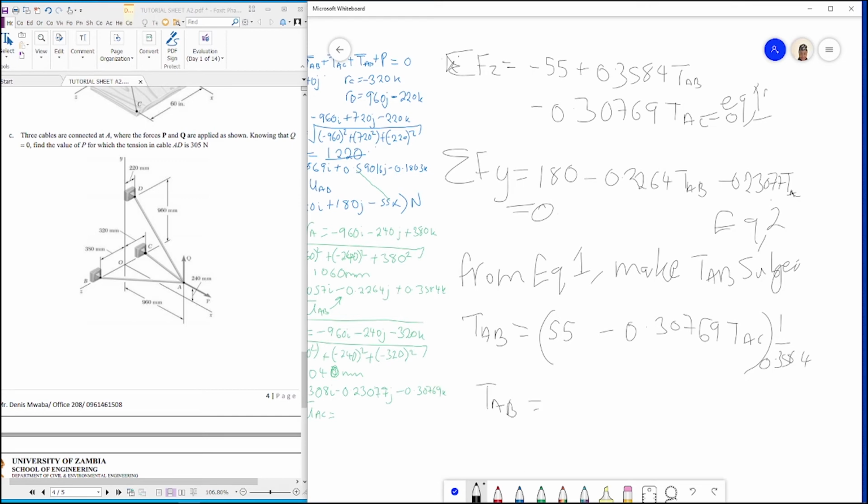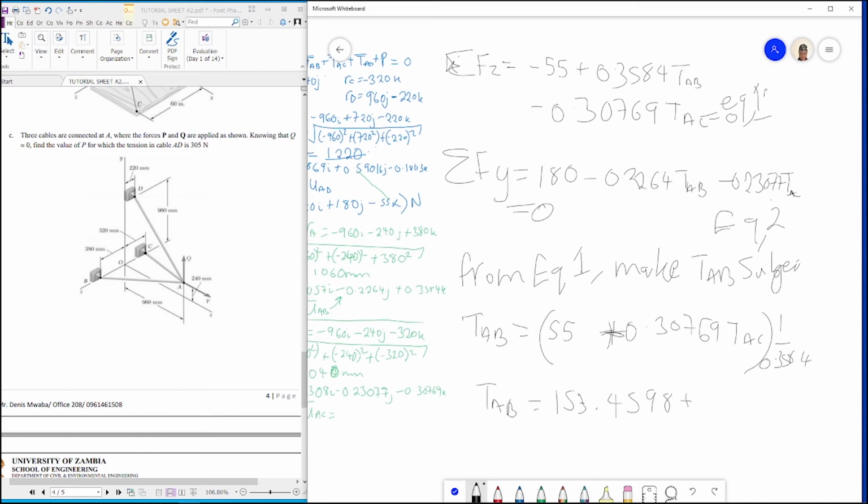Okay, so we have TAB is equal to 153.4598 minus, when this 0.30769 TAC jumped, it also became positive, so it can't be minus here, it has to be plus.